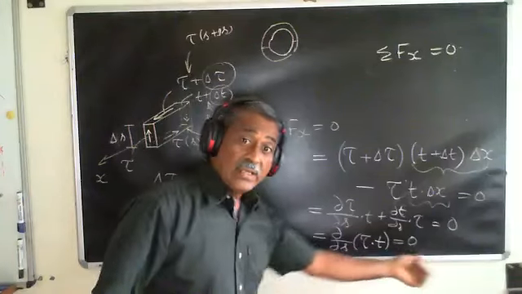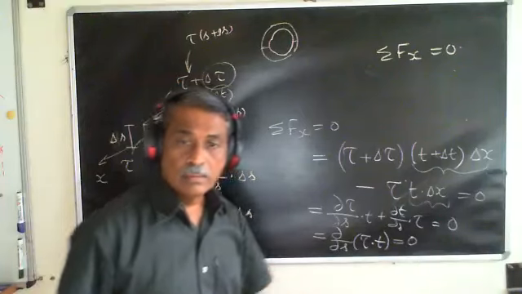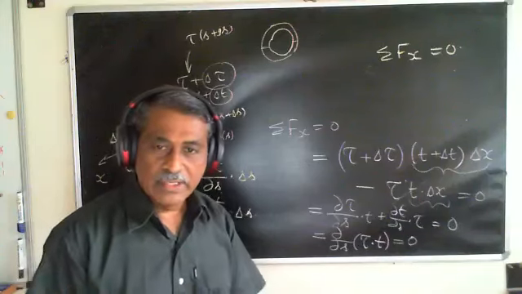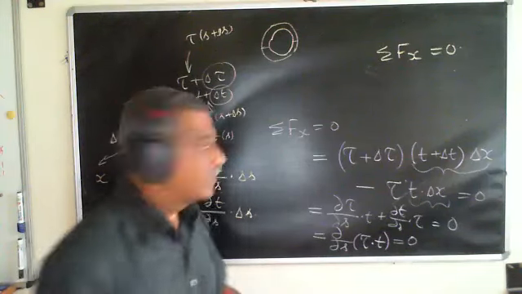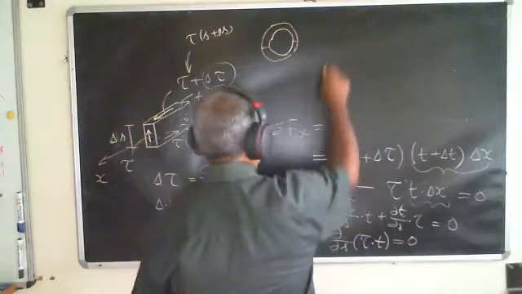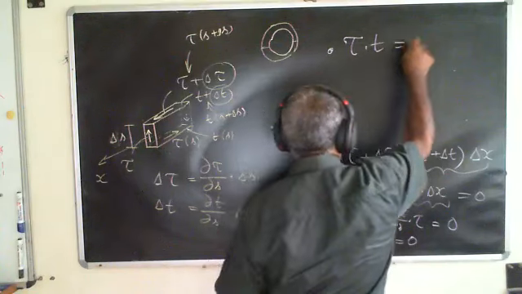If tau times t equals 0, what do I conclude? Automatically that tau t is a constant. Okay, so what do I get? Tau times t equals a constant.